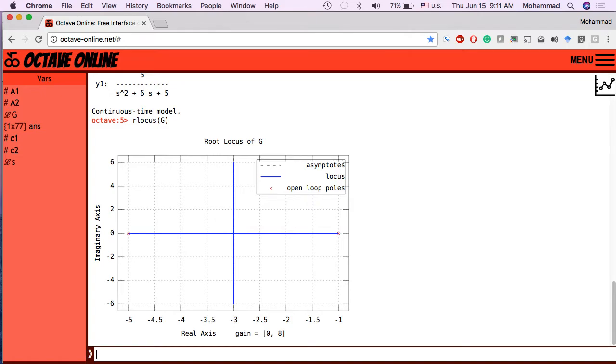So if you click on the MATLAB figure, you can see that when your gain is exactly equal to 0, one of the two poles is at -1, and the other pole is at -5. So when K is 0, the two poles of the closed loop are identical to the two poles of the open loop.